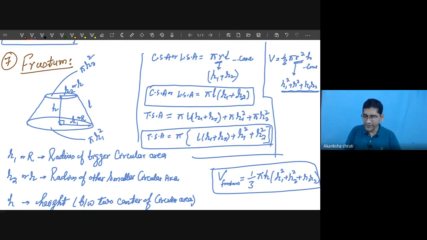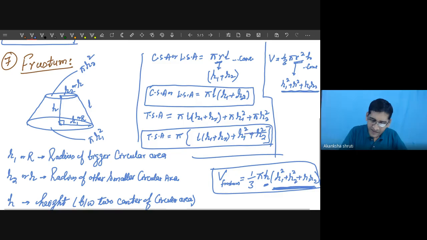But if you observe carefully, it is very clear. In TSA, you need to take L with R1 plus R2, and there R1 square, R2 square. But in the volume, it needs to be three dimensions. So H is there, and all the other terms should be in two dimensions, meaning a square or the product of two. So do not get confused with R1 square, R2 square in TSA.